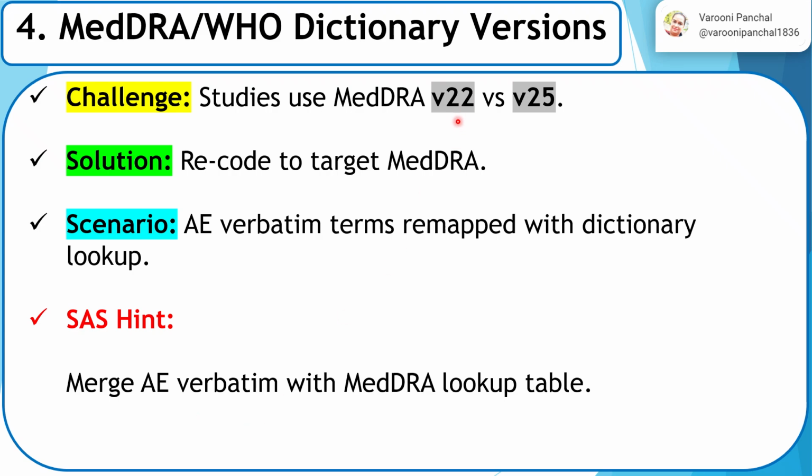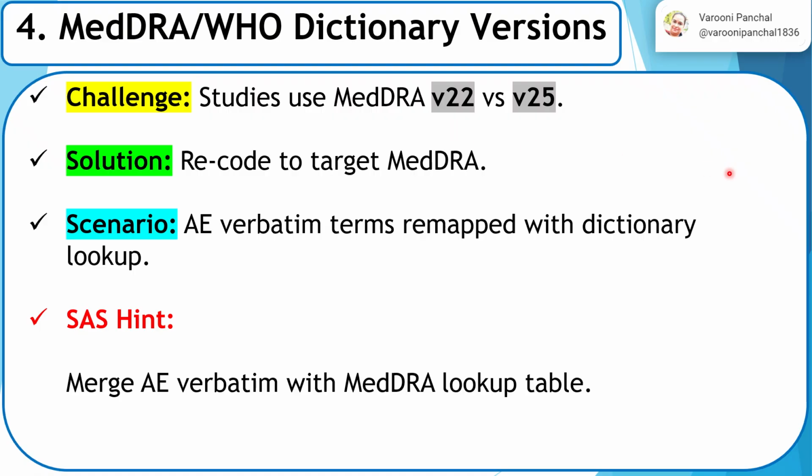which were present in 22 should be present in 25. And for those terms which are not present in 25 but are present in 22, again there's a loophole, right? The latest verbatim adverse event terms are not seen in version 25, whereas they are present in version 22.